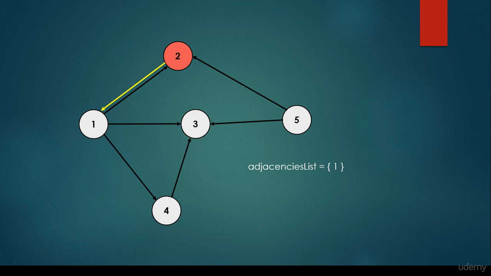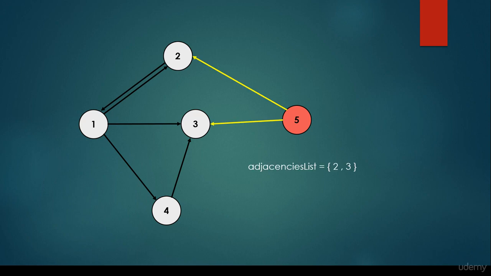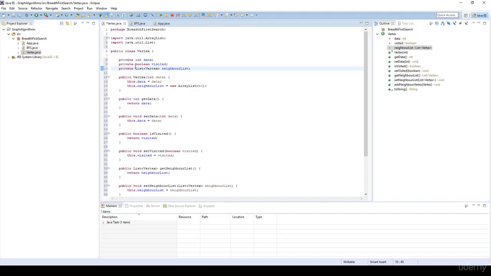Basically, this adjacencies list is the same as the neighbor list, whatever we call it. Usually we call it adjacencies list. Okay, and the 5 has 2 neighbors, the 2 and the 3, so the adjacencies list is going to contain 2 items, the 2 and the 3. So basically, this is why we need this list of vertices with the name neighborList, and it's going to contain all the neighboring vertices. That's going to be the neighbors of this vertex.